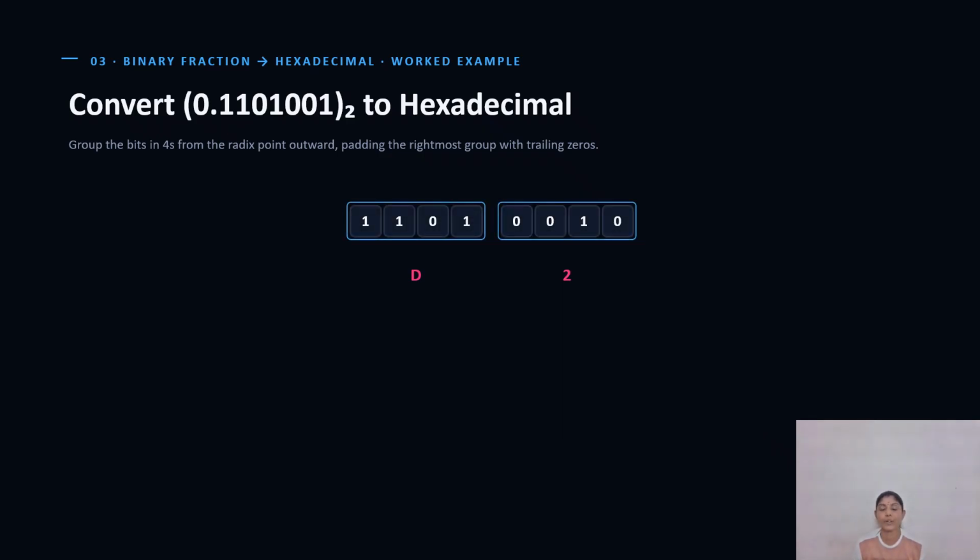Now check how many groups you have: 2 groups, 1101 and 0010. The code to follow is 8 4 2 1. Here 8, 4 and 1 are on. 8 plus 4 is 12, 12 plus 1 is 13. How to write 13? D. Next, only 2 is on, so the value is D2. The result is D2, but since it is a fraction, I have written it as 0.D2 base 16.